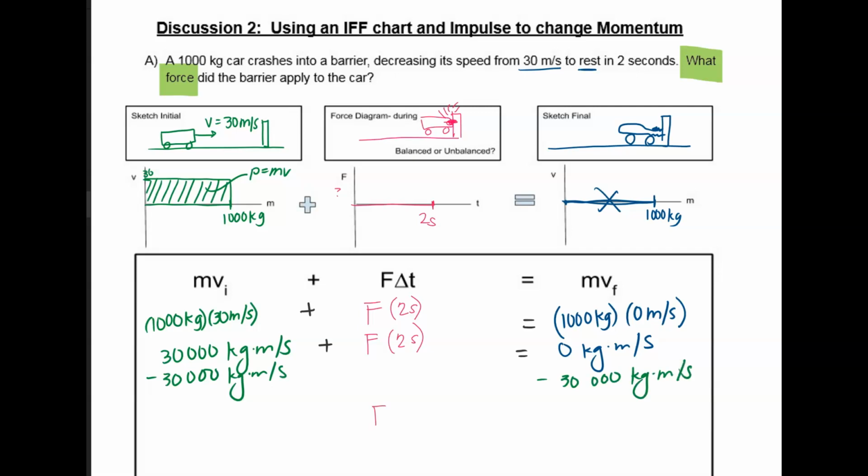And we have the unknown force times 2 seconds is going to equal negative 30,000 kilograms times meters per second. And we divide by 2 on both sides to cancel it out. And we get force is equal to negative 15,000 newtons.